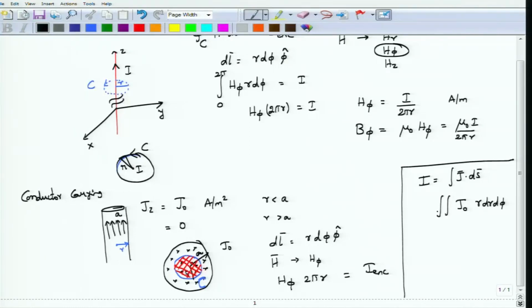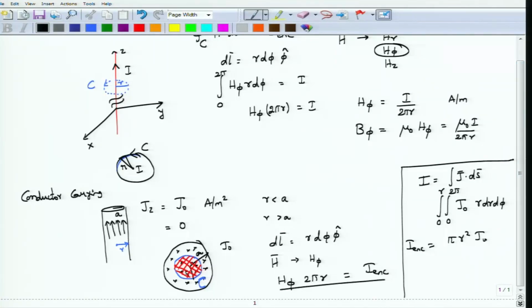So, integrate this over the two limits, r from 0 to r itself and phi from 0 to 2 pi, and you can show that when you evaluate this, the current would be equal to pi r square, which is the area of this particular hatched area, times J0. This would be the total current that is enclosed if your contour is inside here.